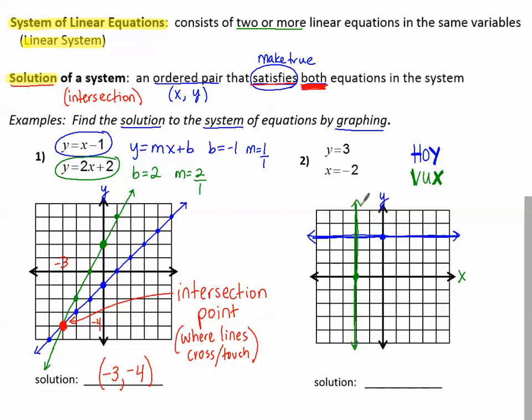Where is the intersection point for this system of equations? Right here, there's the intersection point. That's at -2, 3. -2, 3 is the solution to this system.